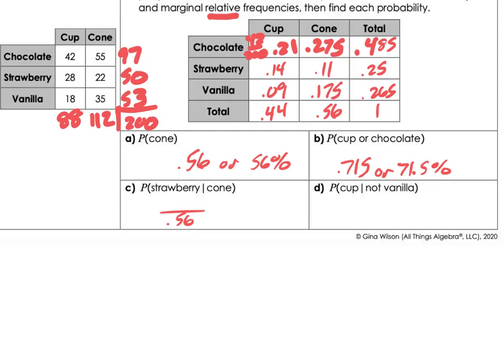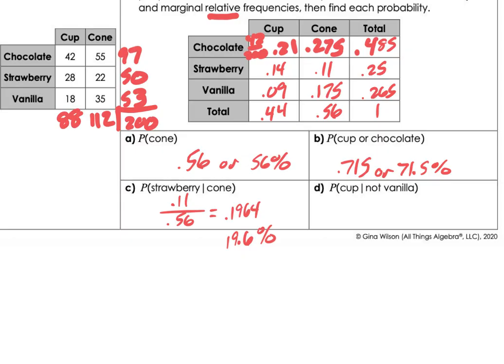That would be 0.11. So to get my answer, I would take 0.11 divided by 0.56. What does that give me? 0.1964. So that means about 19.6%. I'm okay with either answer. Both of those answers mean the same thing. Percentage maybe means a little bit more.